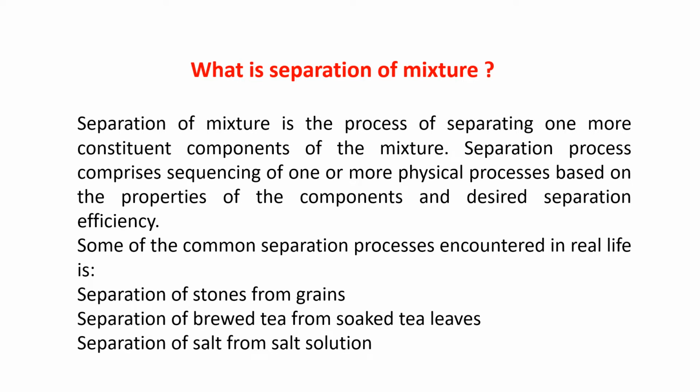The common separation processes in our daily life, where we have to separate things, are separation of stones from grains, separation of tea from soaked tea leaves, separation of salt from salt solution. These are common examples that every day we have to separate, and we are using some or the other method.